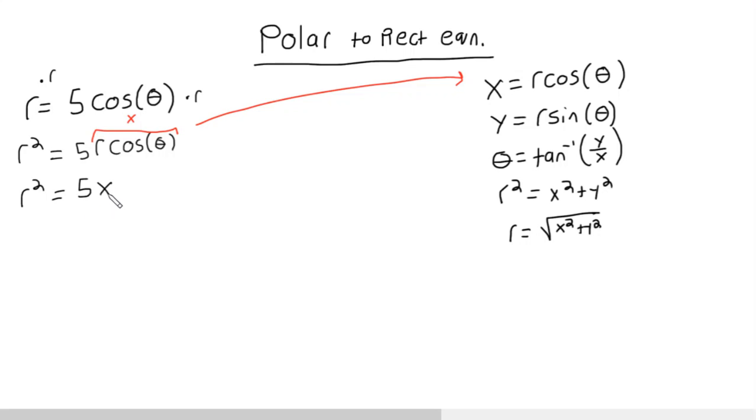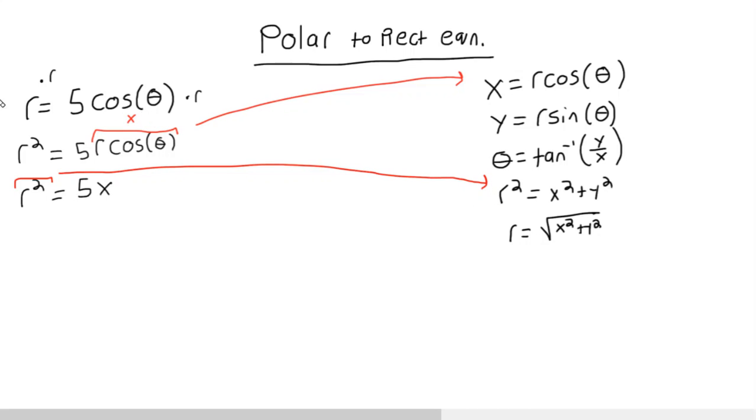So now I still have an r in here, but I look over to my list of equations and I think to myself, hey, is there anything out there that I can use to get rid of that r? And the answer is yes. This r squared is going to give me x squared plus y squared.